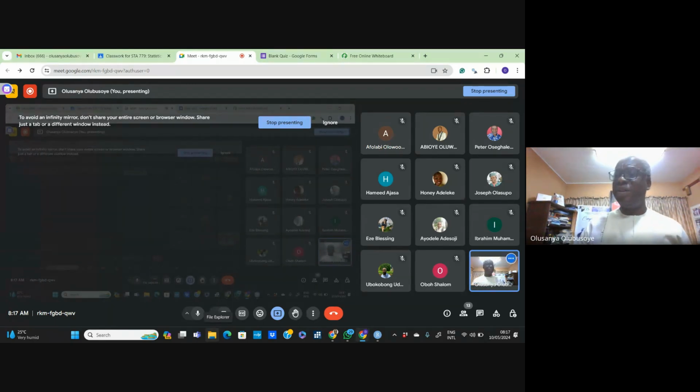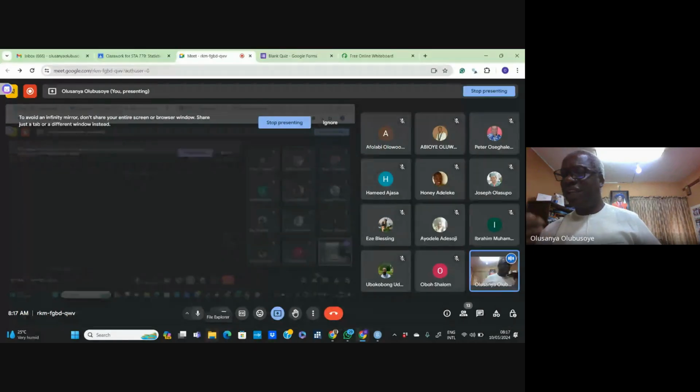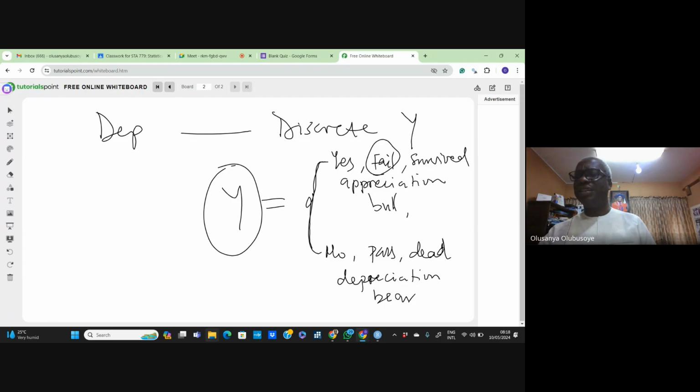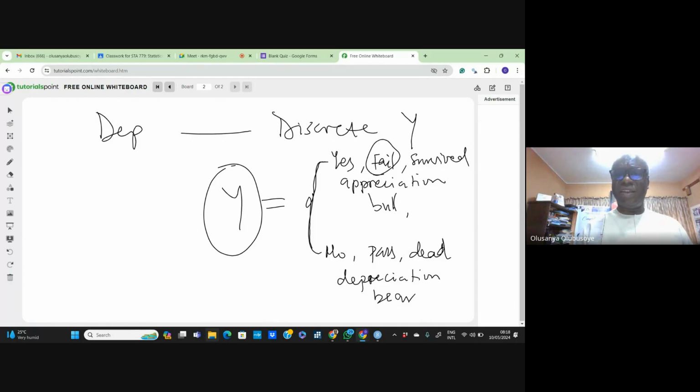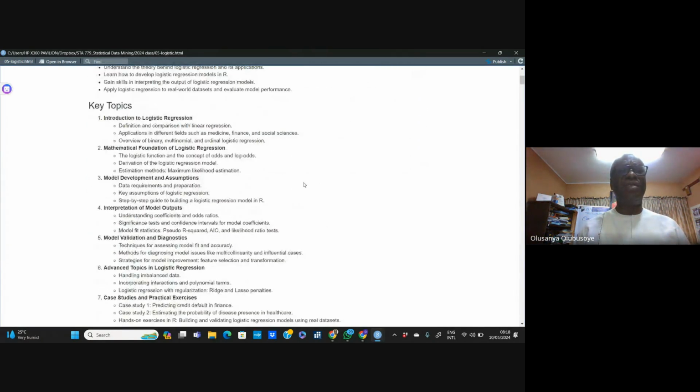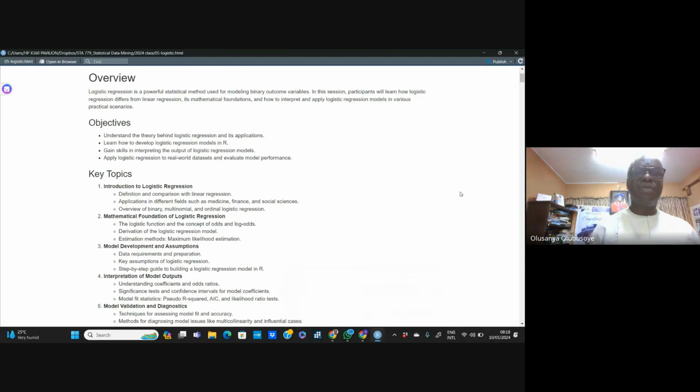So in situations like this, if you are modeling any binary outcome, then logistic regression is the most ideal.